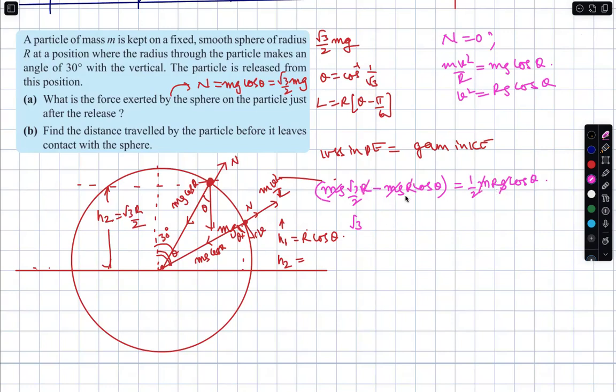Everywhere you have. Good question. This one, 2 comes here: 2 cos theta plus cos theta, 3 cos theta. Cos theta is 1 by 2 root 3.